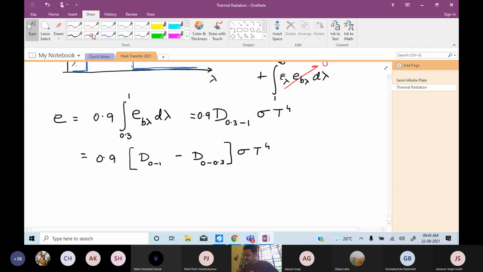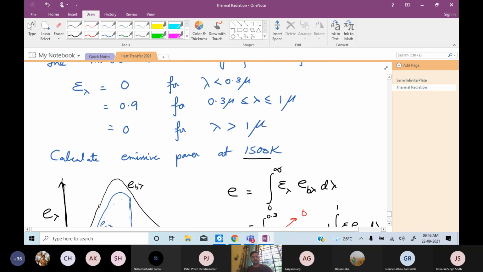If you look into the lookup tables in the books, this value is till 1 micron, but you have to convert: 1 micron times 1500 Kelvin. So lambda T, remember? This is 1500 and this is 500. The values come out to 0.01375. And this is very small. It's like 500, and we found out that even for 600 it was almost 0.